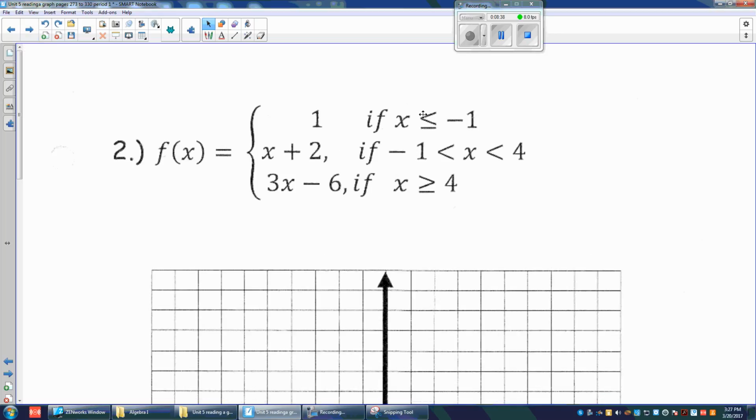Remember, you're going to do the table. This one, the table is going to go all the way to -infinity. So you're going to do a table like -4, -3, -2, and -1. Then you're going to go from -1 to 4, and then you're going to go from 4, 5, and 6 and graph them.